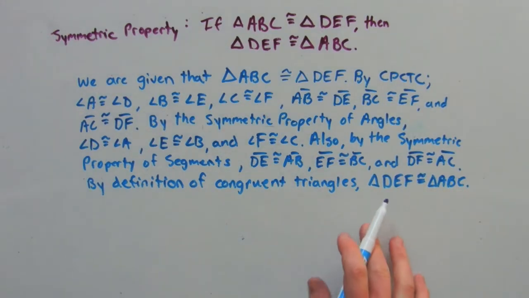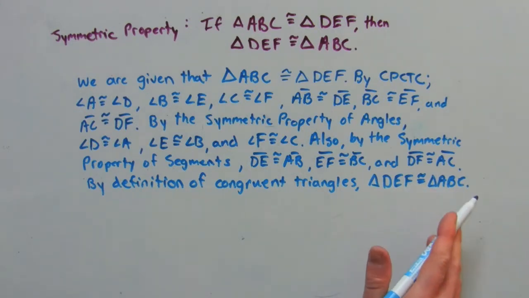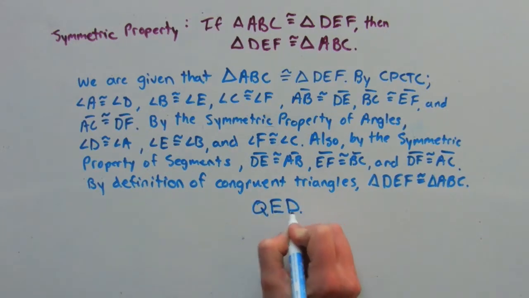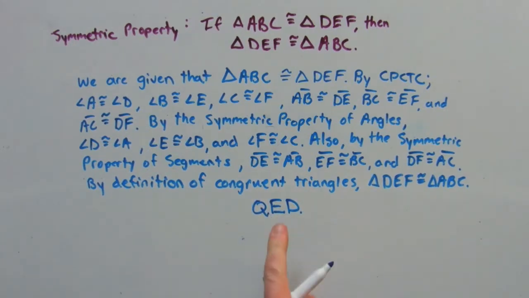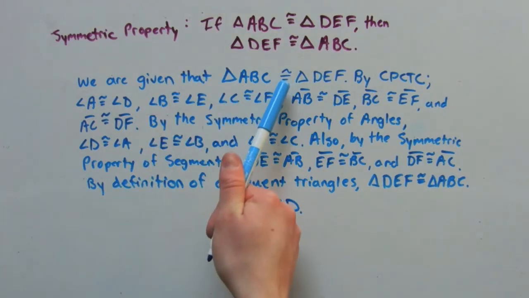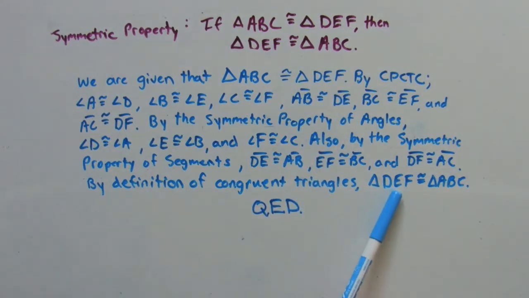Therefore, we have that triangle DEF is congruent to triangle ABC. And that is what we needed to prove, that if triangle ABC was congruent to triangle DEF, then triangle DEF was congruent to triangle ABC.